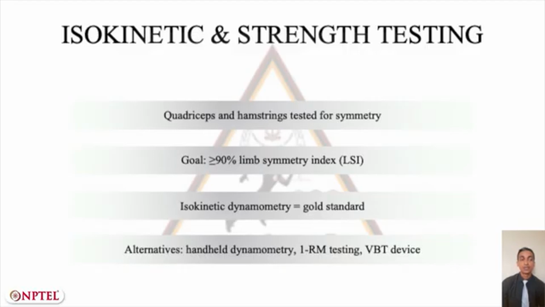In settings without an isokinetic dynamometer, a portable device that measures isometric muscle force during resisted contractions is used. This device is called a handheld dynamometer. It is practical, inexpensive, portable, reliable, and can be carried on the field.